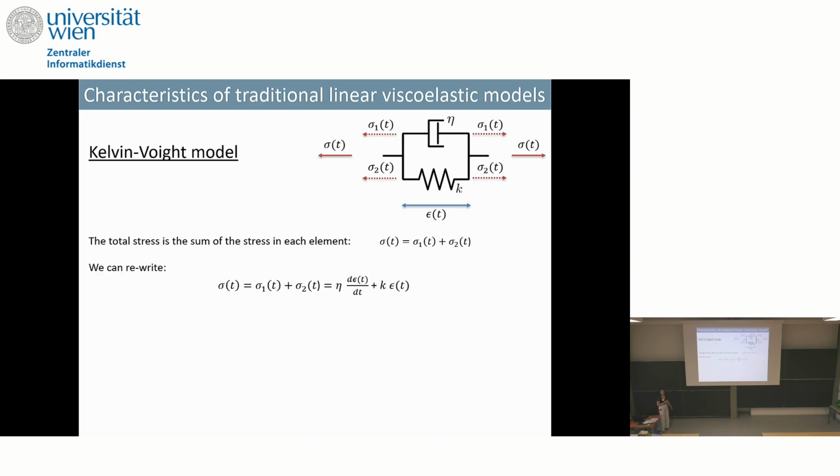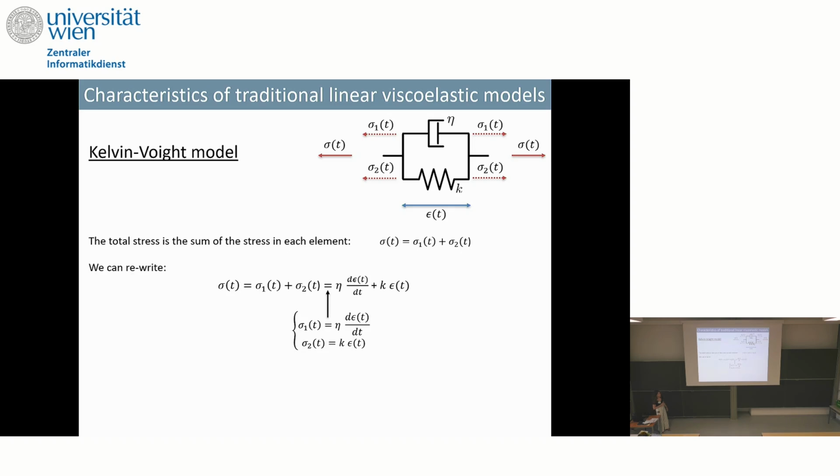In this case, it's slightly easier. We know that the stress on the dashpot is given by eta times the first derivative of the strain, and the stress on the spring is just K times epsilon. Epsilon is the same because both of the elements are experiencing the same strain.